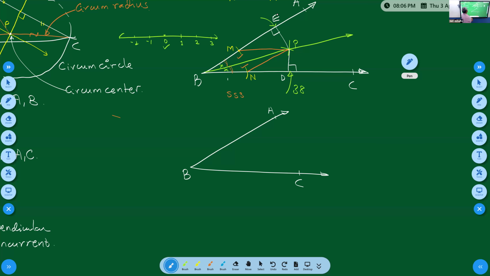Then what? Then angle... then by one condition, the two triangles are... no, we require three conditions for two triangles to be congruent. We require three conditions.